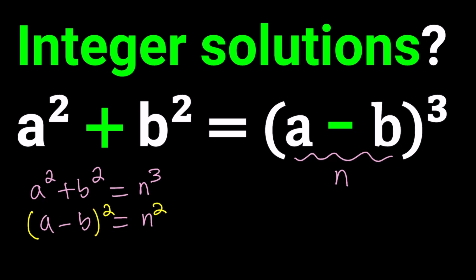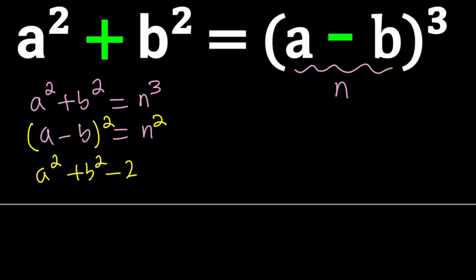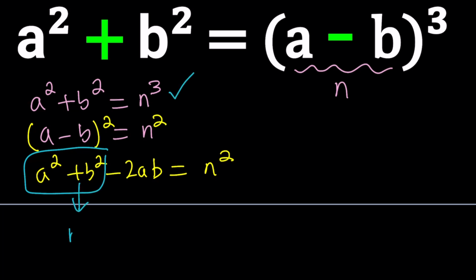Great. Now we're going to go ahead and square both sides here. And when we square both sides, we're going to get a squared plus b squared minus 2ab equals n squared. Now, this is the good thing about it. A squared plus b squared, we know what it is, right? It's equal to n cubed. So let's go ahead and replace this with n cubed.